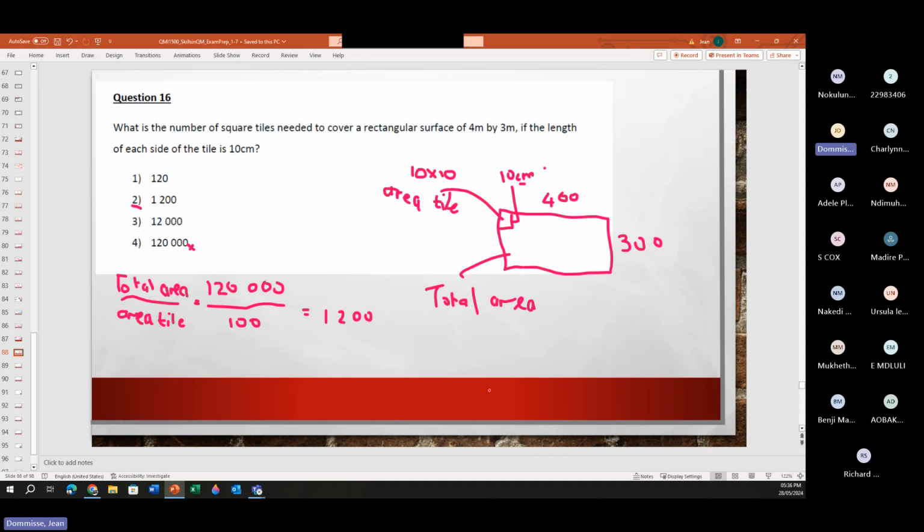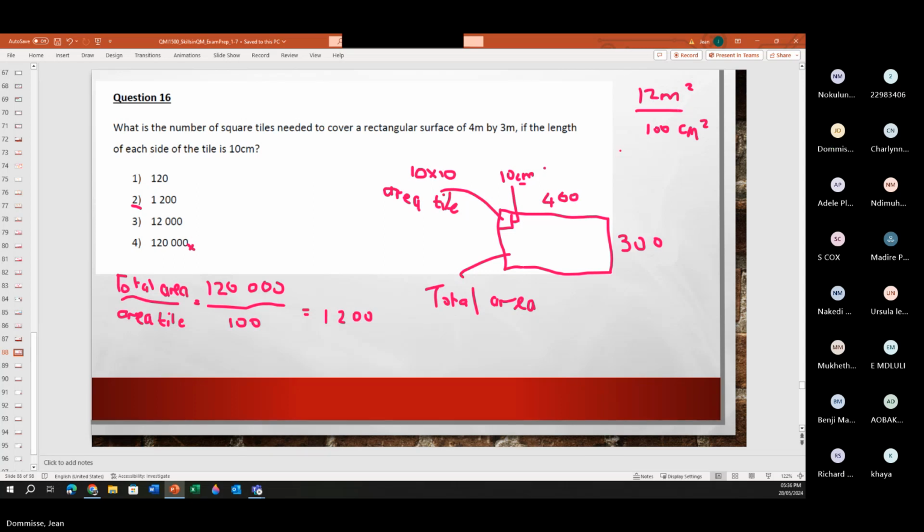Again, it's easier to change the meters to centimeters at the beginning, else we must say 4 times 3 is 12 meters divided by 100 centimeters squared, and then it becomes really difficult.